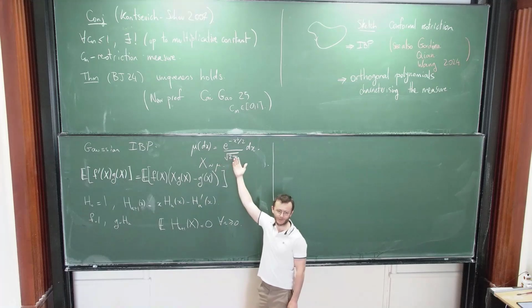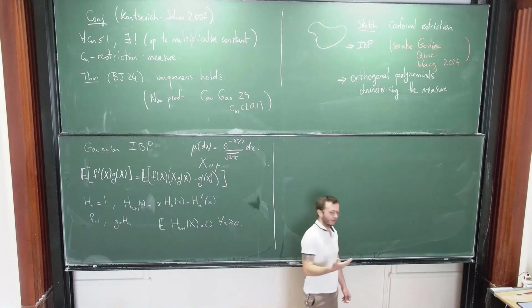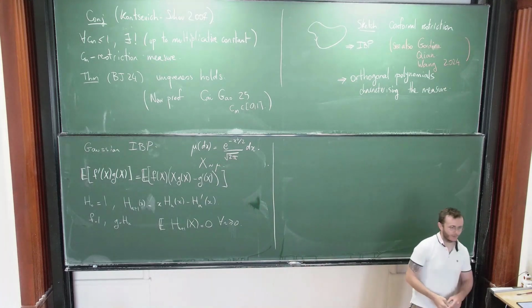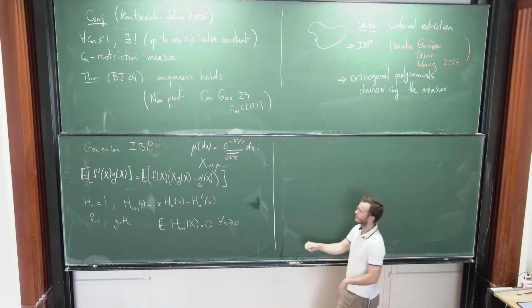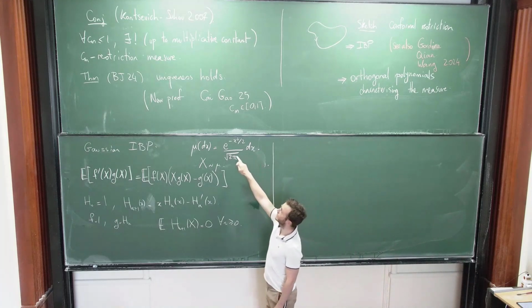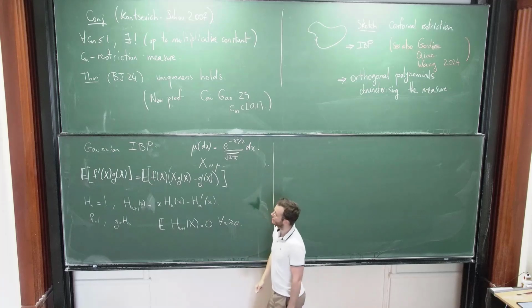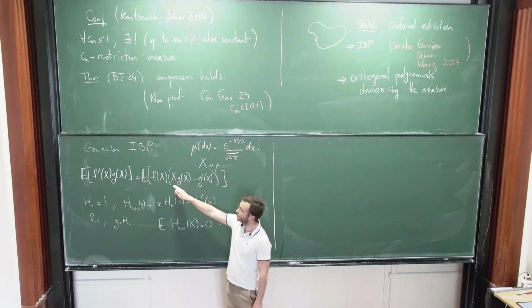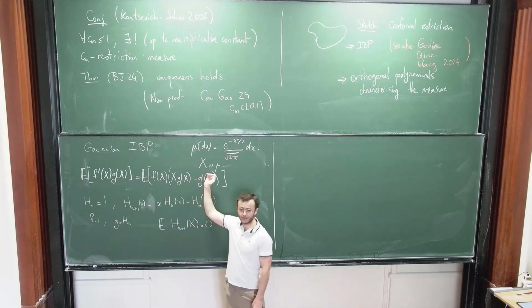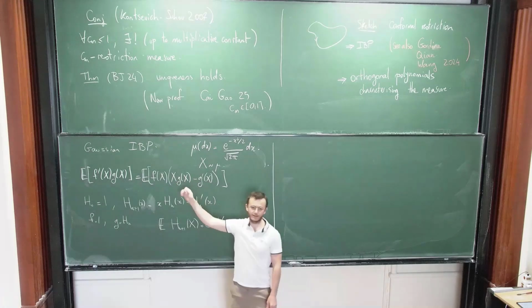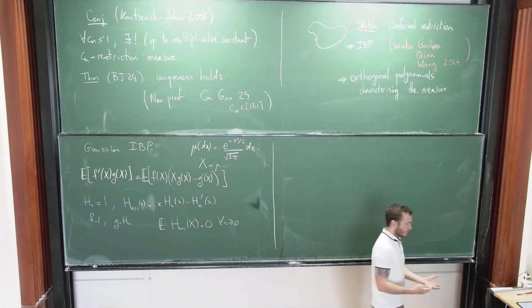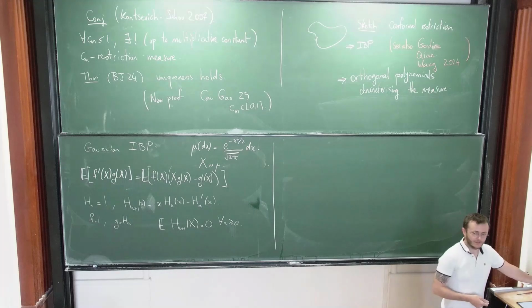Here, of course, since I'm in a finite dimensional setting, my path integral is rigorous. This is my Lebesgue measure, and it's e to the minus the action. But in general, these integration by parts formulas will make sense, and they will give us a rigorous interpretation of these.